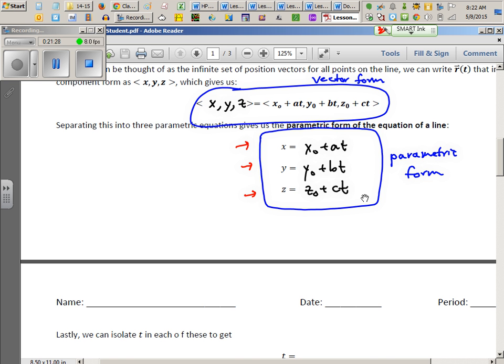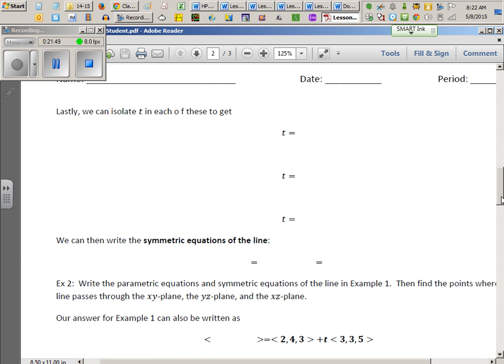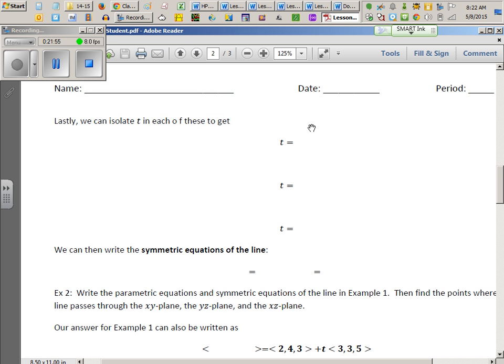Okay? Since the t value in all three of these equations is exactly the same, it might make sense to isolate t in the first equation, isolate t in the second equation, isolate t in the third equation, and then set all three resulting expressions equal. This is going to give us our third and final form. If you isolate t in the first equation, you get x minus x naught over a.